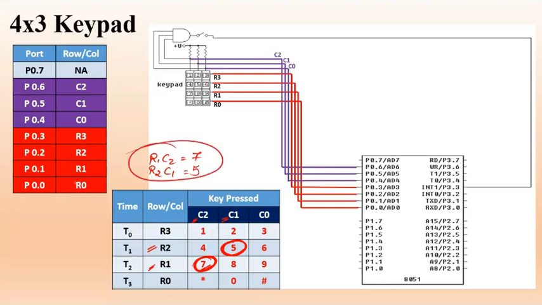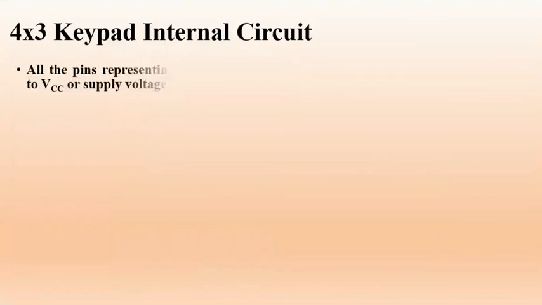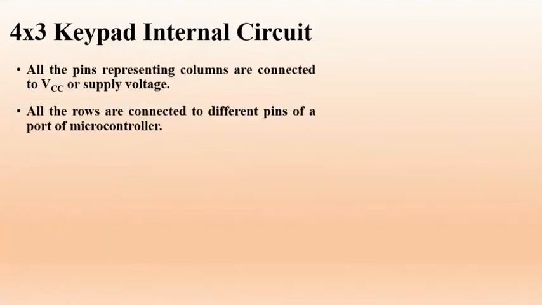But now the question is how we are going to scan these, how to identify which of these keys are pressed. For that we have to develop an algorithm and understand how we are going to detect the keystroke. So we must know what kind of internal circuitry is there in the keypad. Like I showed you before, all the pins representing the columns are connected to VCC or supply voltage.